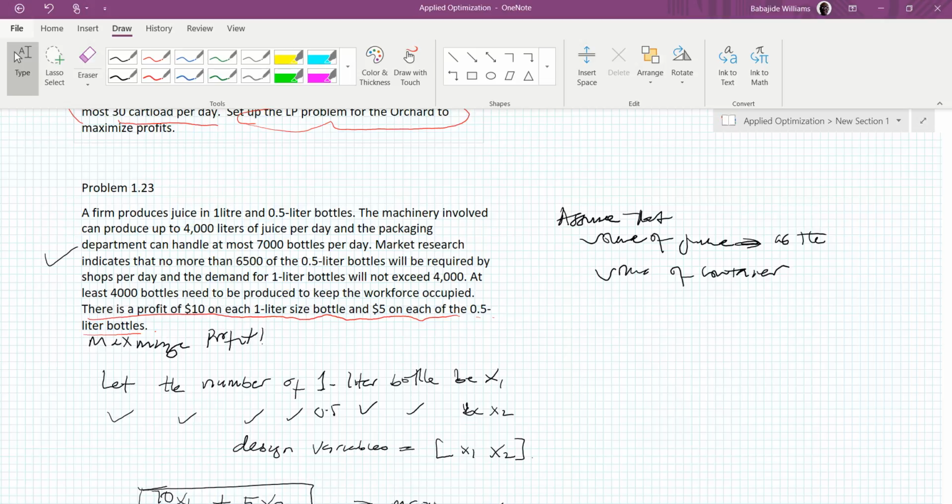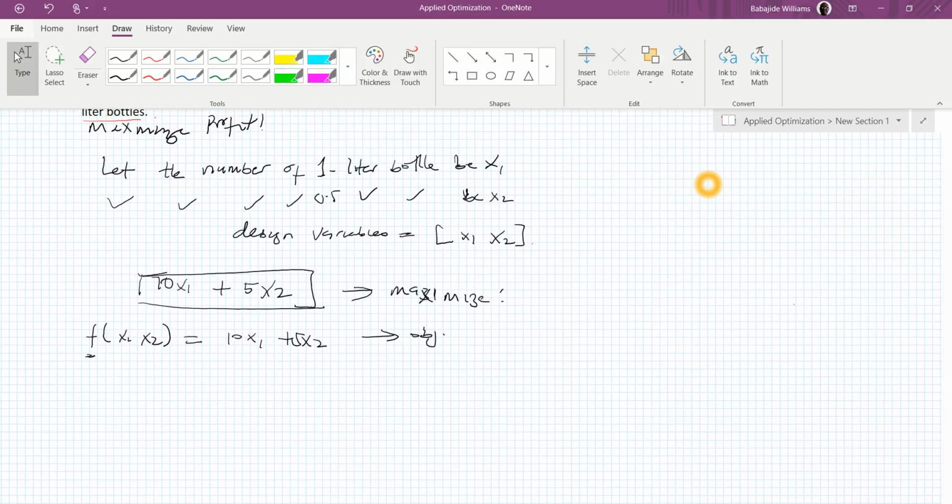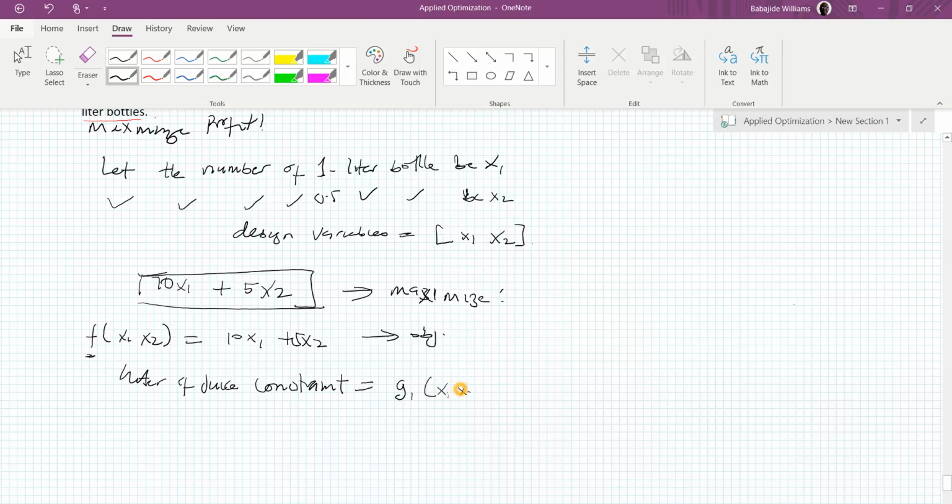Okay, so I can say liter of juice constraint, because it's an inequality, that's g1(x1, x2), and I can say 1 liter times x1, because I'm looking for the number.